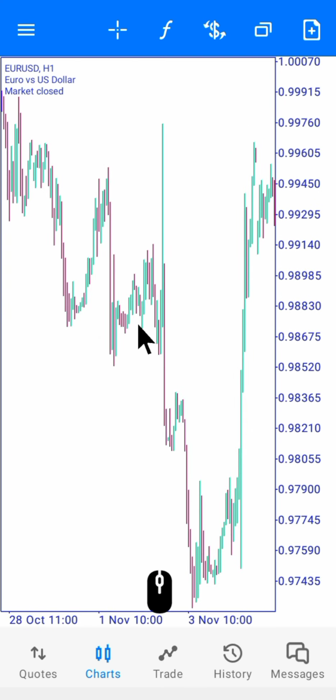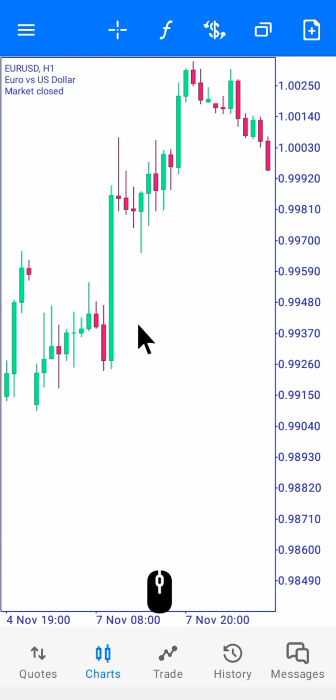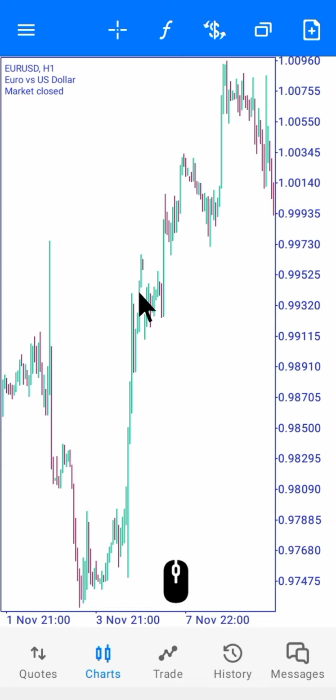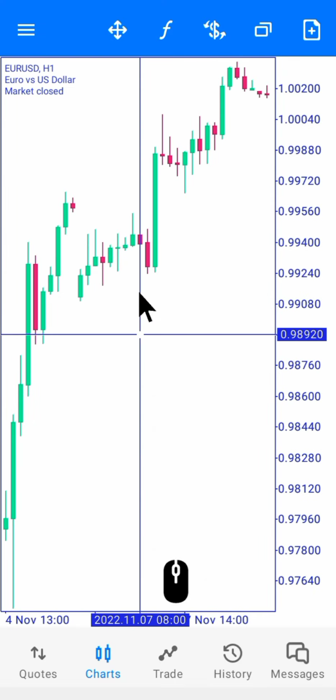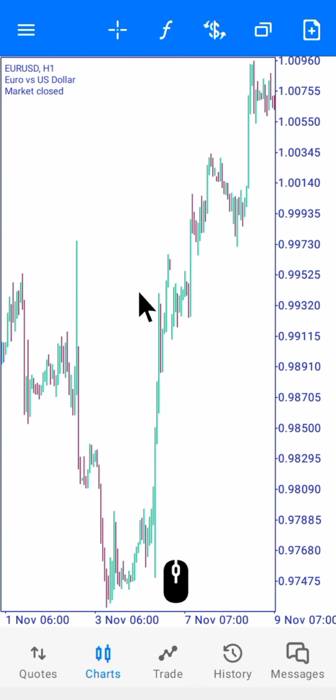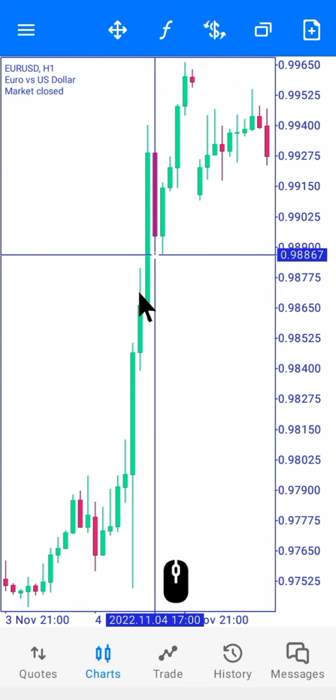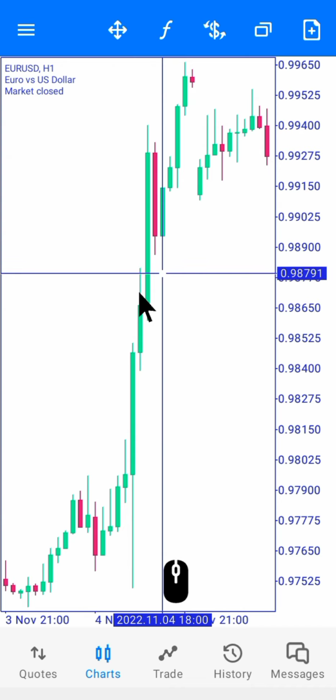Now another thing I want to talk about, maybe someone wants to see me setting a buy limit. If you want to set it, you just use the same principle, the same tutorial I showed you when I was setting our stop loss and our buy limit.